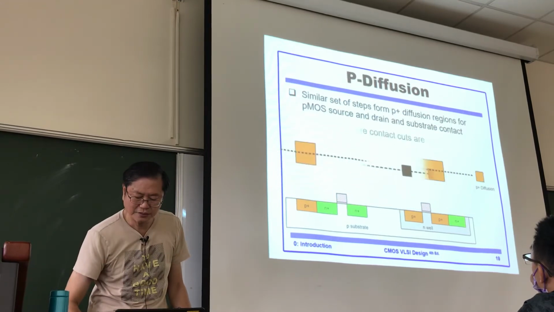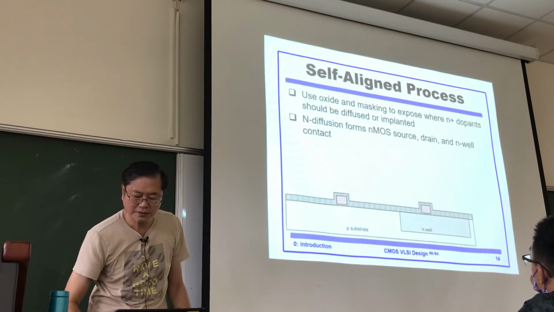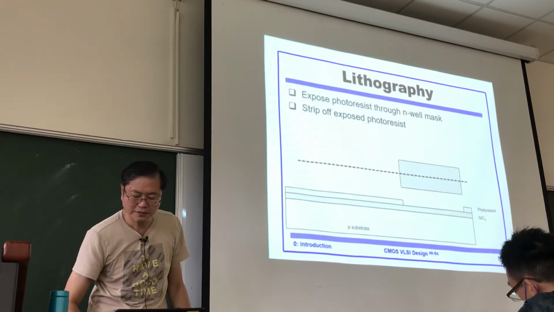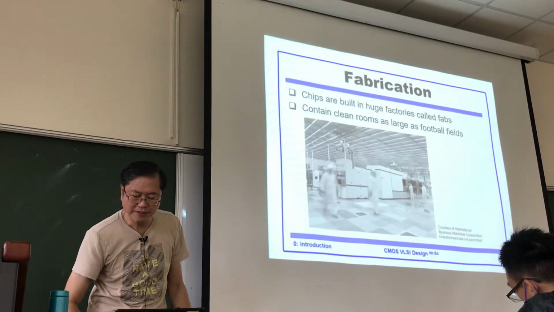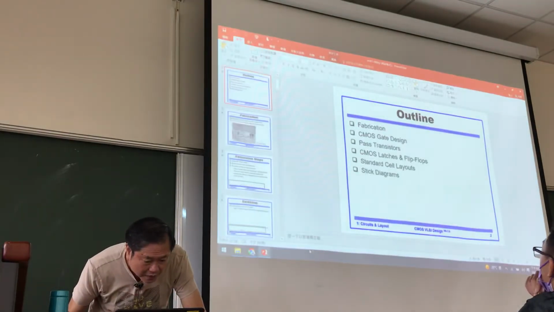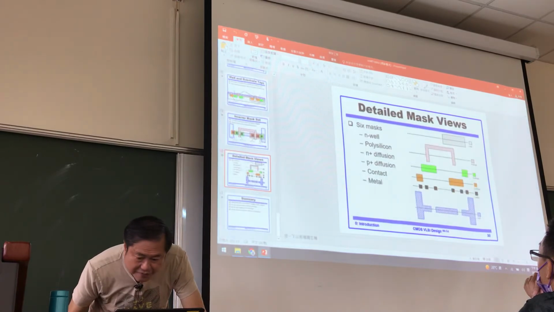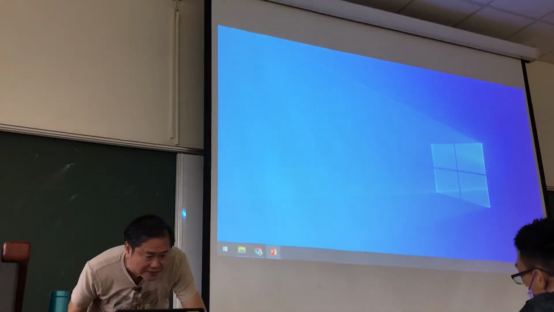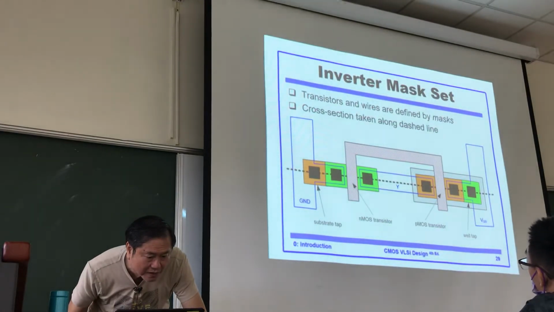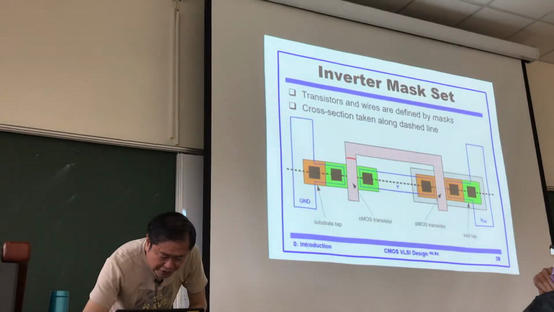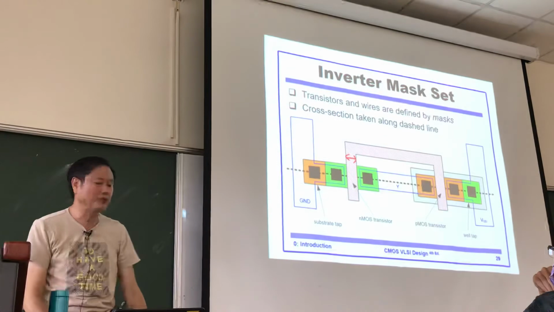Let's look at the layout. In many design processes, the layout is here. The feature size is the width of the polysilicon, the minimum polysilicon width.